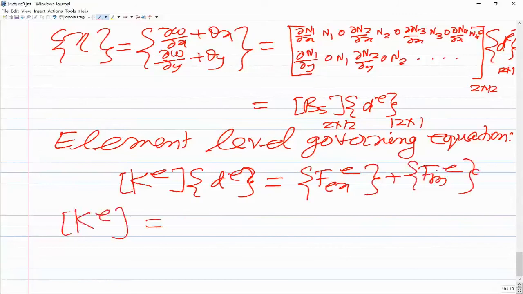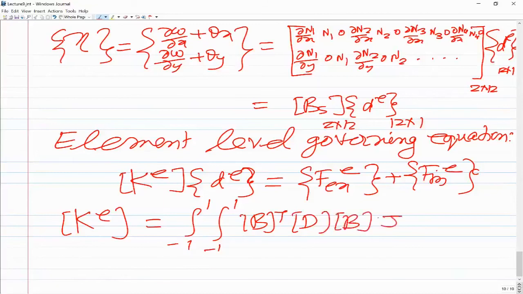So the area integral over the physical xy space would be equivalent to integration from -1 to +1, integration from -1 to +1, B transpose into D into B into determinant of the Jacobian matrix into d zeta d eta. So this will basically be your element level stiffness matrix.